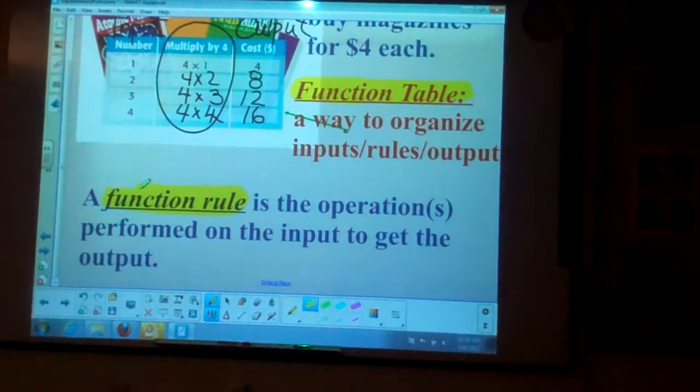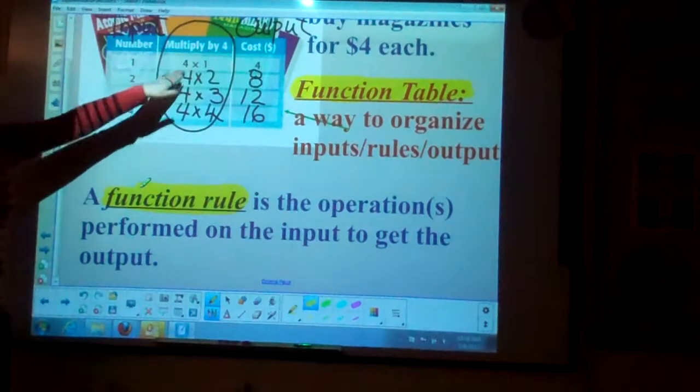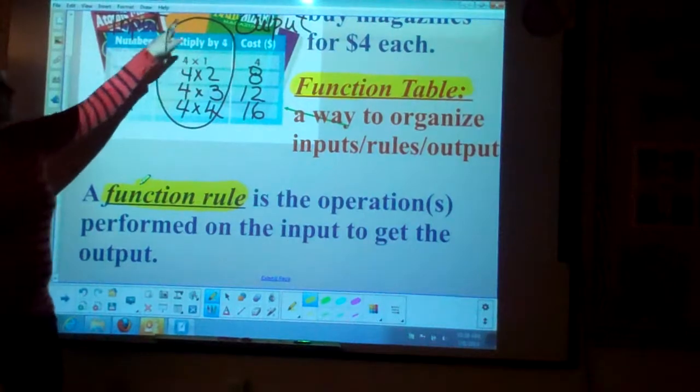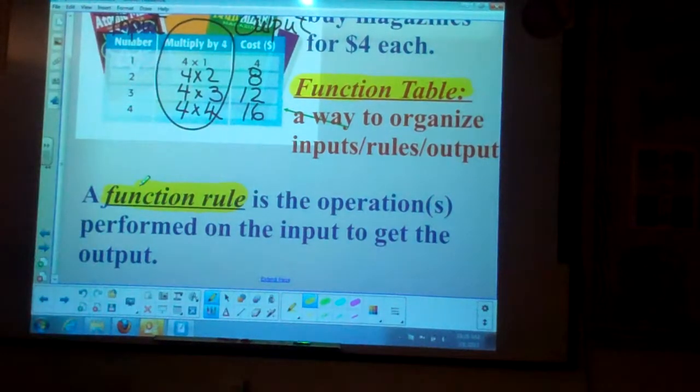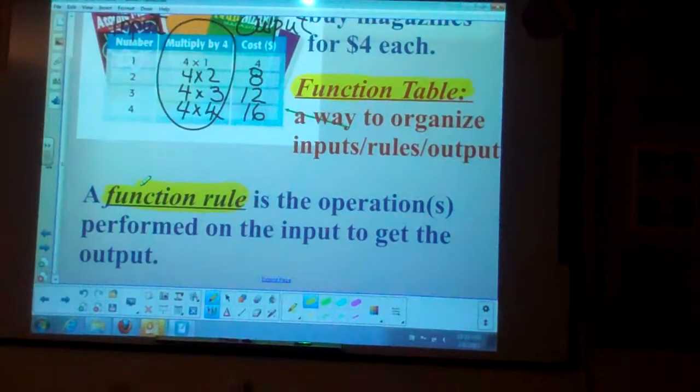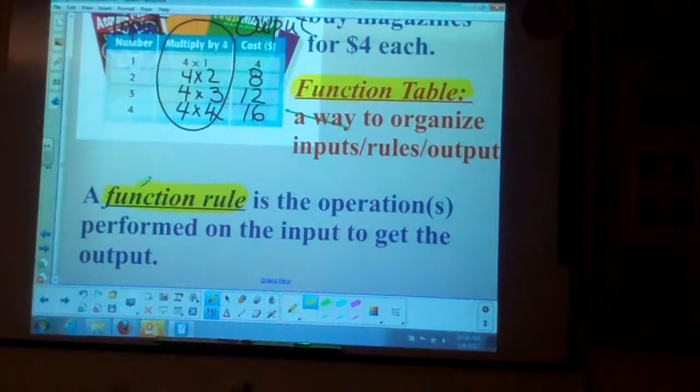So you have your input, whatever number you're starting with. You perform the function rule to the input to get the output. All of that is organized on your function table.